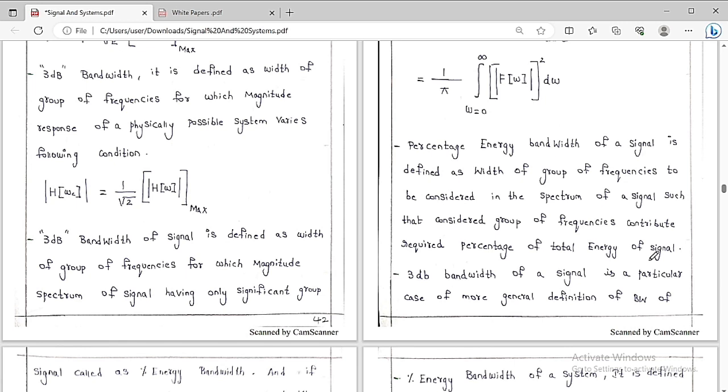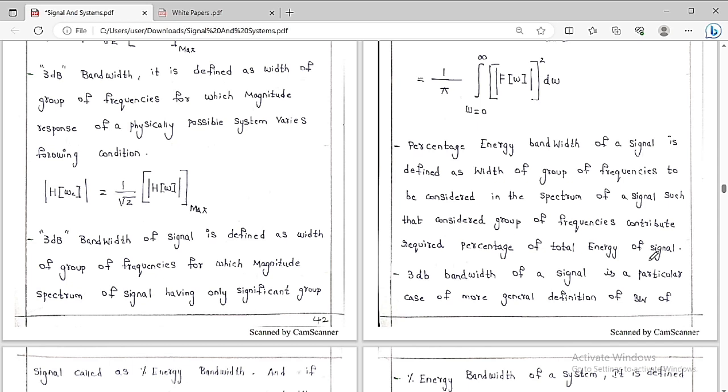If you consider all the frequencies, then only you are going to get the overall energy E. But I want only a certain amount of energy. If you want a certain amount of energy, you have to consider only those frequencies that can contribute that amount of energy.